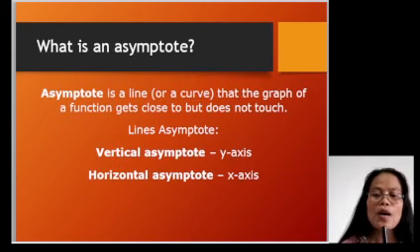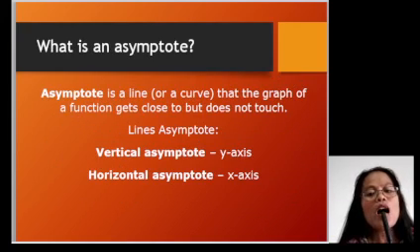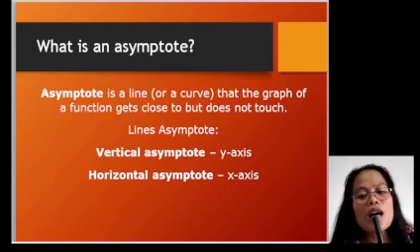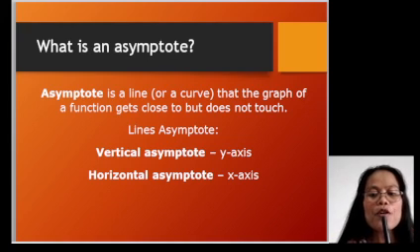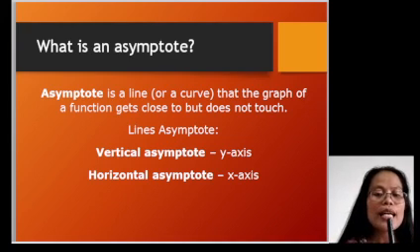Now we go to asymptote. Now what is an asymptote? An asymptote is a line or a curve that the graph of a function gets close to but does not touch. So we have here the line asymptotes. We have the vertical asymptote, which is the y-axis, and the horizontal asymptote, the x-axis.